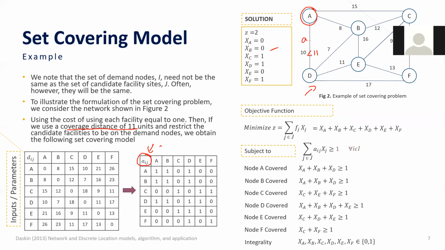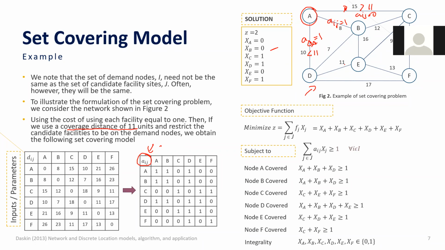So D to A is equal to 1 because it's covered by A. And then B, here it is 8, so it's covered. So here the Aij is equal to 1. And then here 15, it's greater than 11. So Aij here is 0. Okay, and so on.